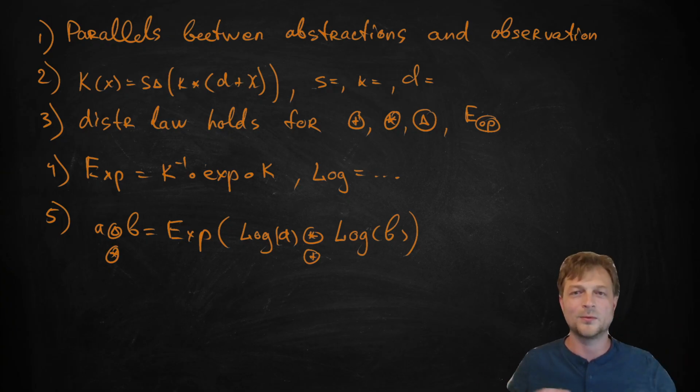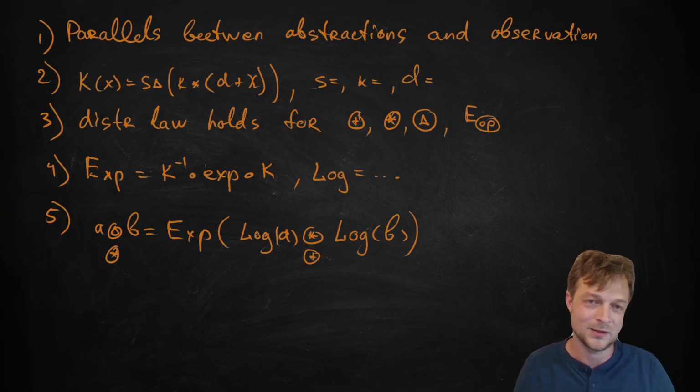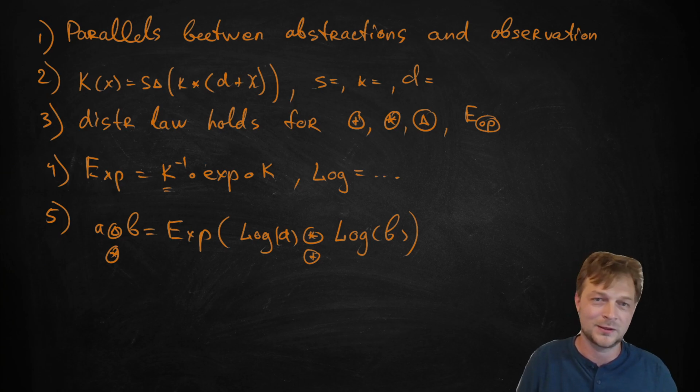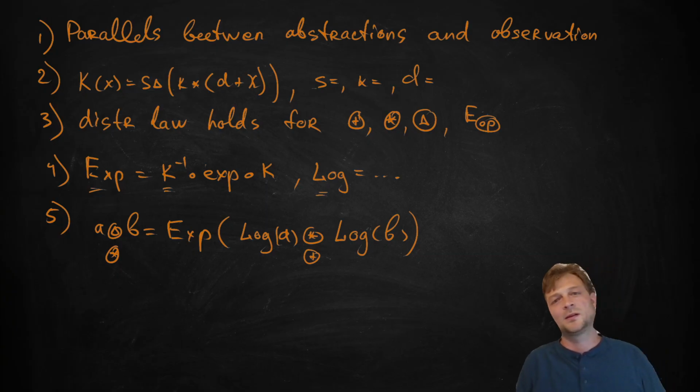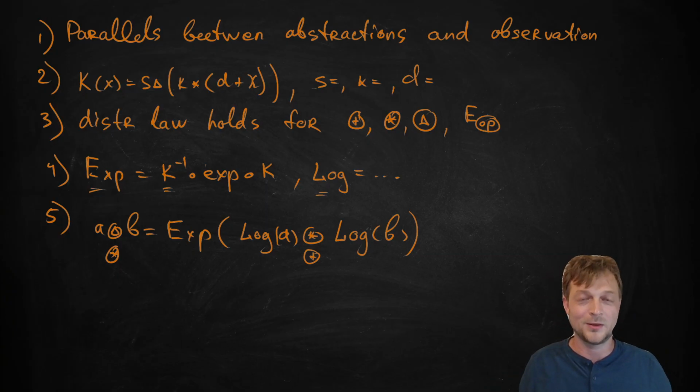This is all very easily generalizable to any number of identity elements and operations. We can build a ladder based on this K function and this exponent and logarithms. So we have much more flexibility now to build our algebras and use them for practice.